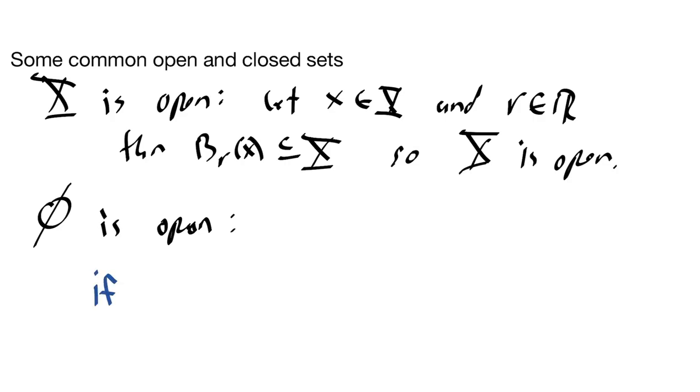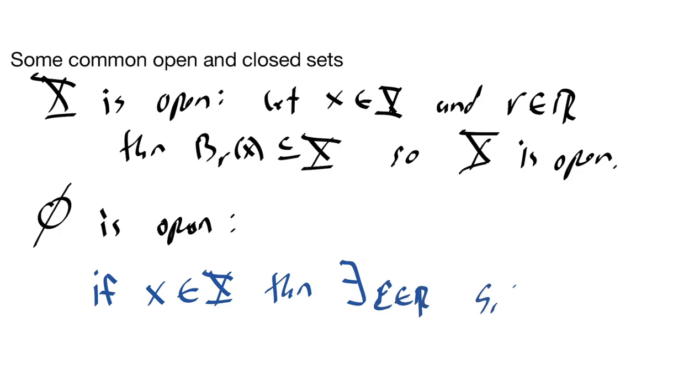It says if X is in the set E, then there exists an epsilon in R such that the ball of radius epsilon about X is a subset of our set. Maybe I should have done E instead of X. So this is what it means for a set E to be open.